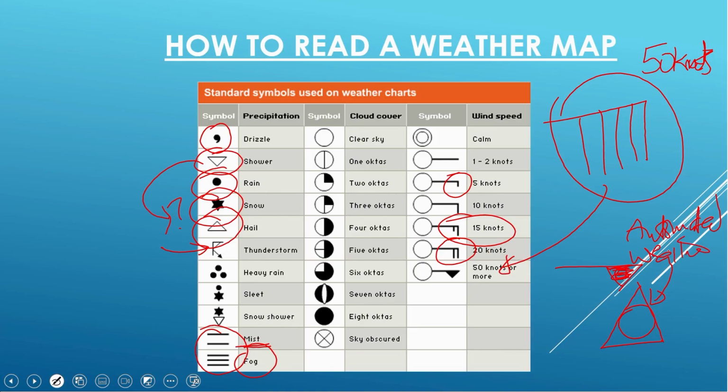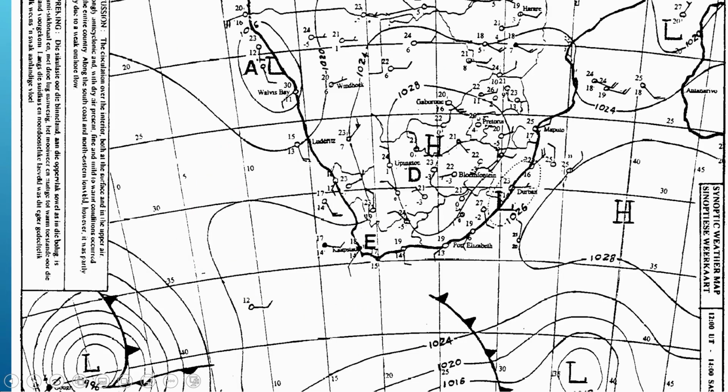It reports electronically to the South African Weather Services. It is not manned. There are no people running the weather station. It is automated and generates information automatically. It's got sensors in there that report directly to the South African Weather Services.